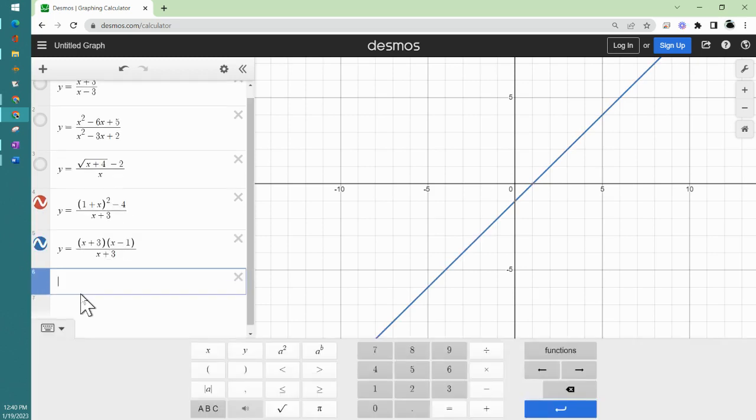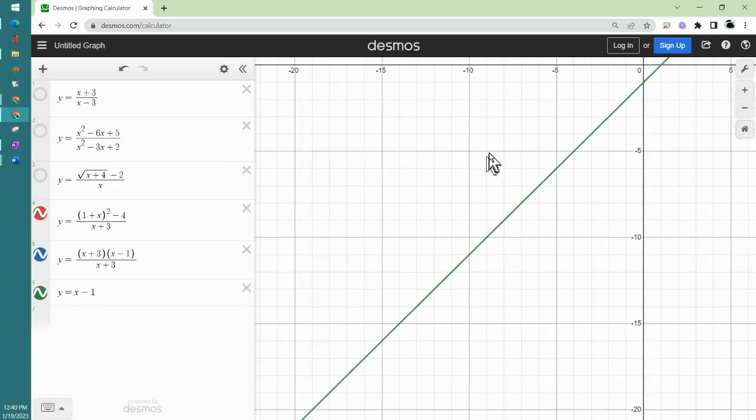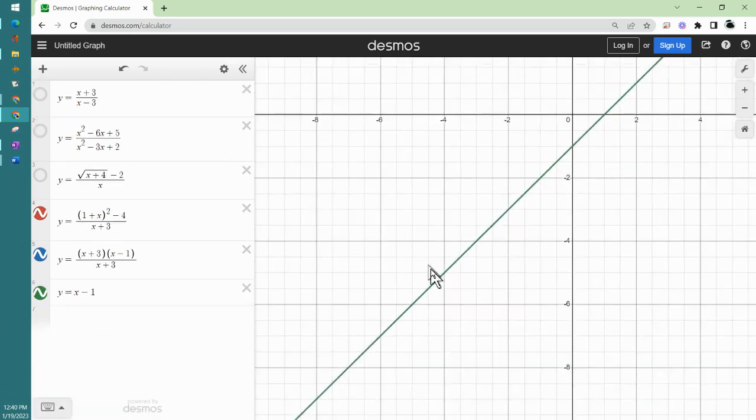And then if I just graph the x minus 1 graph, y equals x minus 1, it's another graph. All of these three graphs are exactly the same. The difference is this graph doesn't have the undefined location at x equals -3.